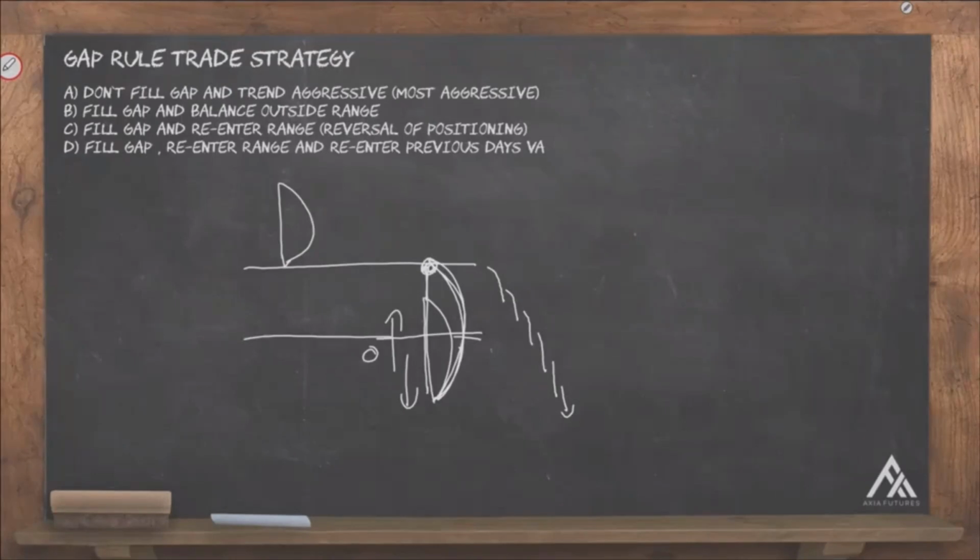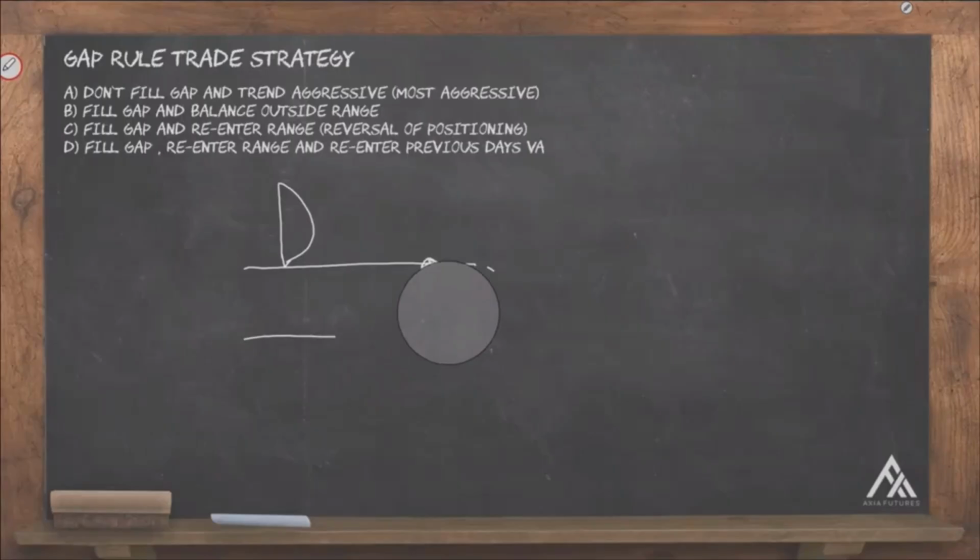Now the third, and again, this one's also particularly good to trade, is when we actually get the gap that gets filled and we re-enter the previous day's range. So again, we gap. The market facilitates trade on both sides. However, after distributing for most of the morning, we then re-enter into the previous day's range.